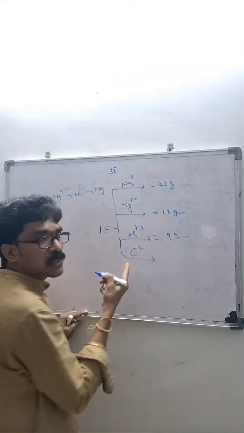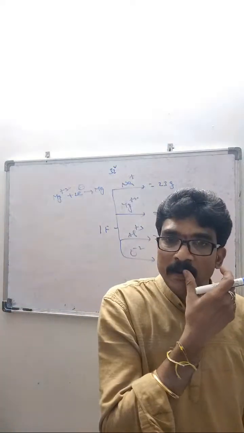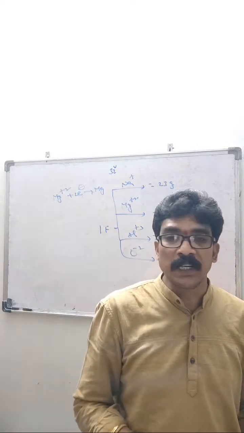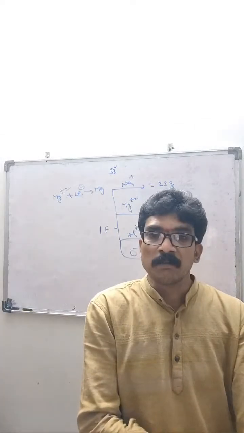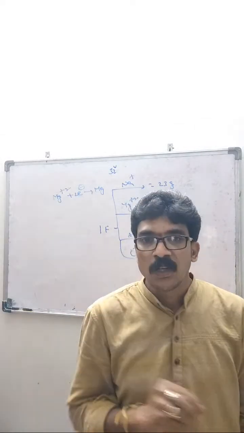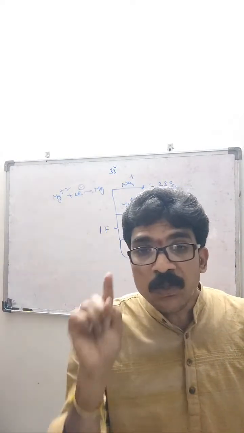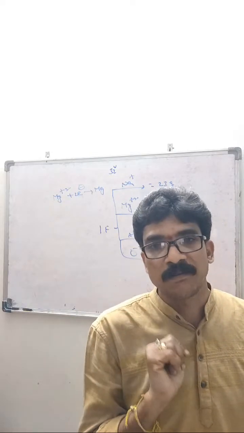What about the deposited weight of oxygen, whose formula is O2? But the O2 is coming from the oxide ion, O2-, with charge minus 2. That means to deposit 1 O, 2 Faraday are required.